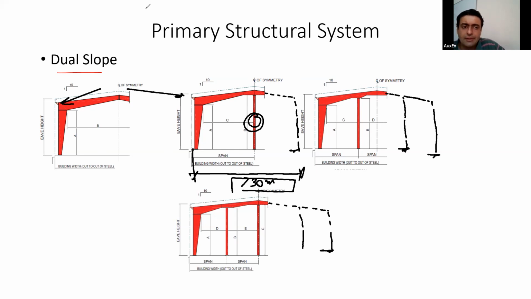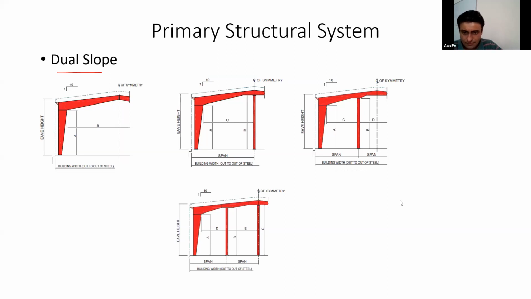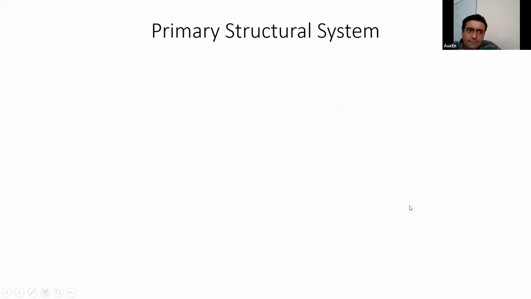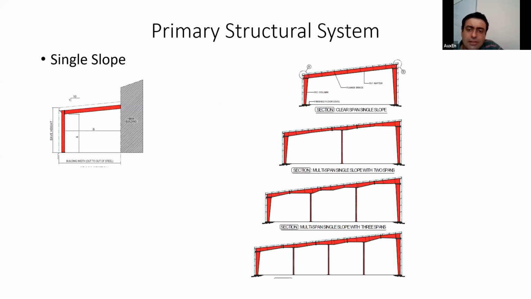Okay. So this is an example of dual slope. Then this is an example of single slope or mono slope. So you might have to have single slope structures sometimes. These single slope structures primarily are required when you want the water drainage on one side only.